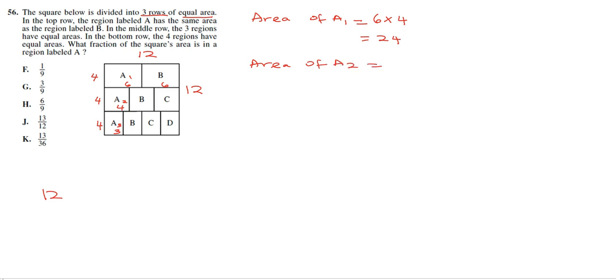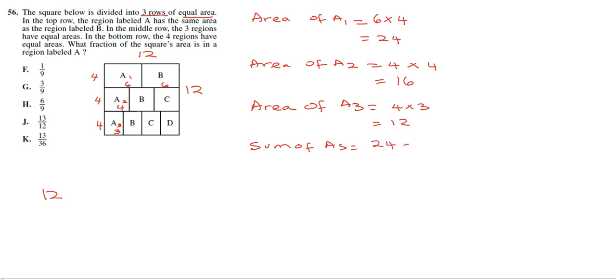Area of A2 is 4 times 4, which is 16. And the area of A3 is going to be 4 times 3, which is 12. So let's look at the sum of all A's. It's going to be 24 plus 16 plus 12, and that should give you 52 units.